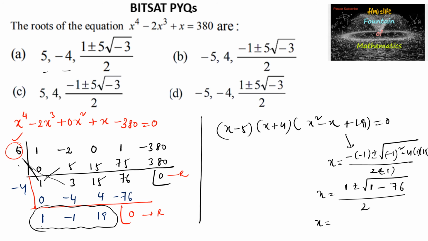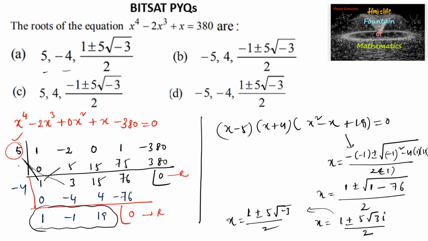So x is equal to 1 plus or minus root of minus 75. So we can write 25 threes are 75, so 5 root 3 i divided by 2. So x is equal to 1 plus or minus 5 root 3 i divided by 2, or we can also write x is equal to 1 plus or minus 5 times root of minus 3 divided by 2. Instead of writing i, we can write root of minus 3.